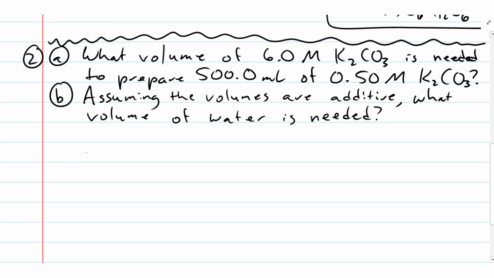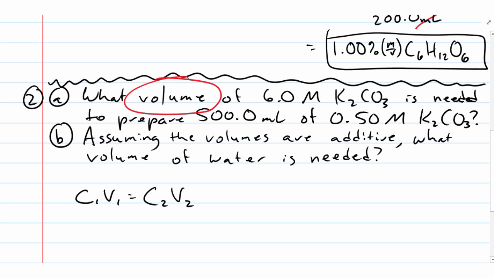So this one here is our dilution formula. Once again, we're diluting, we have a solution concentration, we're diluting it down, so we have C1V1 is equal to C2V2. In this case, we're looking for what volume? We're looking for V1, right? And that means that the 500 milliliters must be V2.